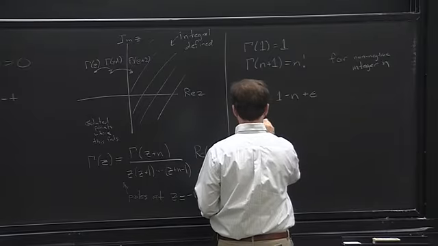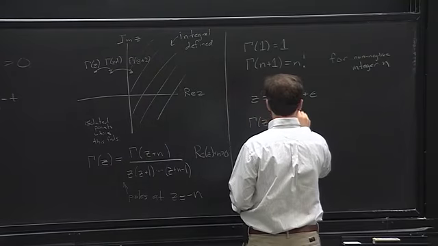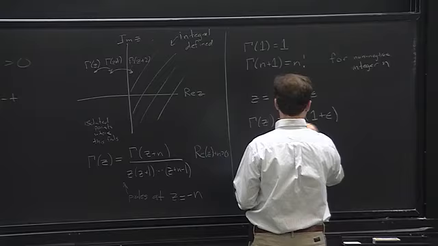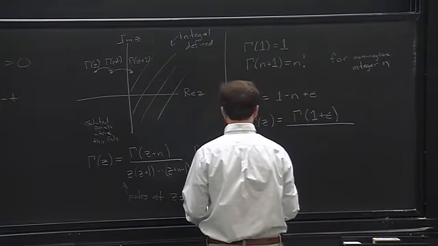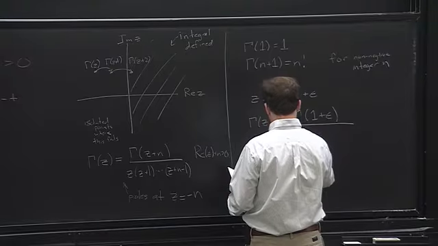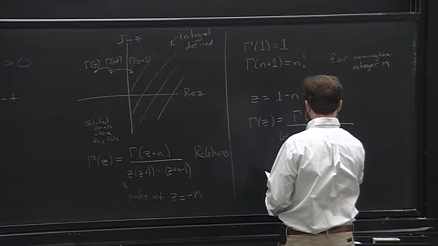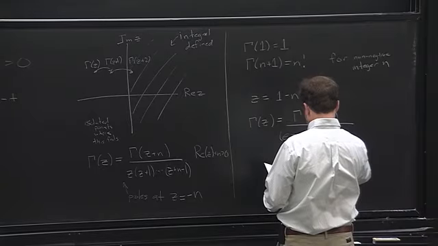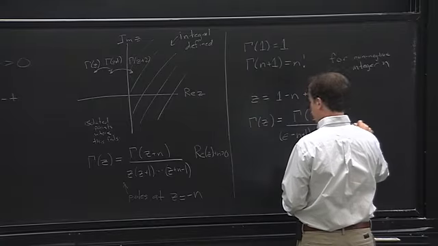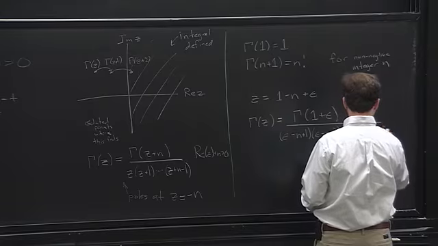Then, using this formula, gamma of z is gamma of 1 plus epsilon over, and here we've got epsilon minus n plus 1 as this first factor, epsilon minus n plus 2, all the way up to epsilon minus 1 and epsilon.